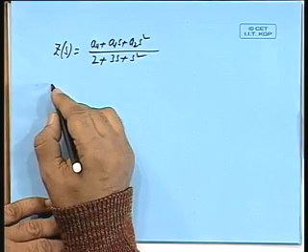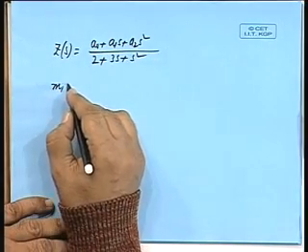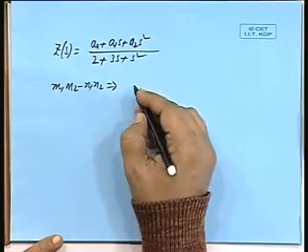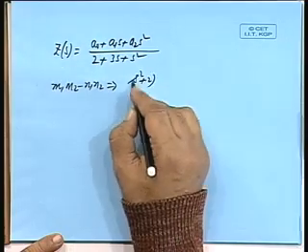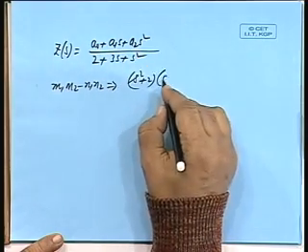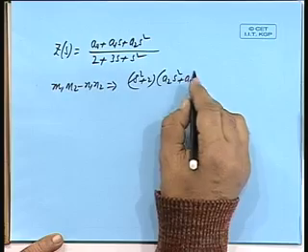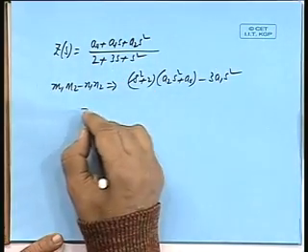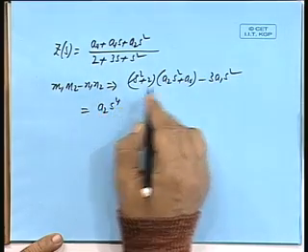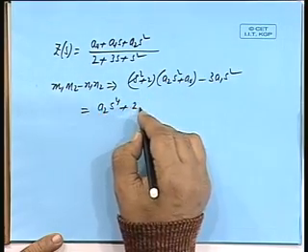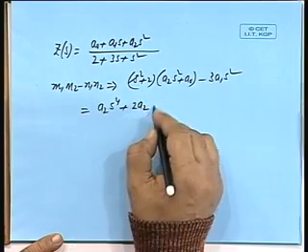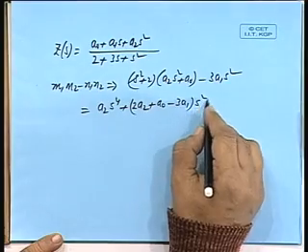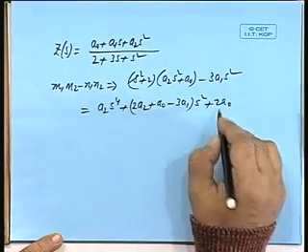So what will be the real part? m1 m2 minus n1 n2, that gives me a2 into s to the power 4 plus twice a2 plus a naught minus thrice a1 into s squared plus twice a naught.